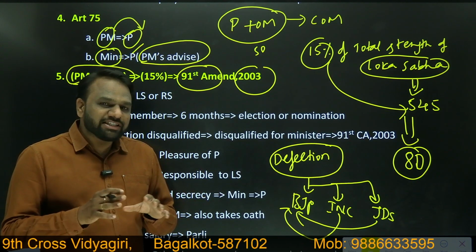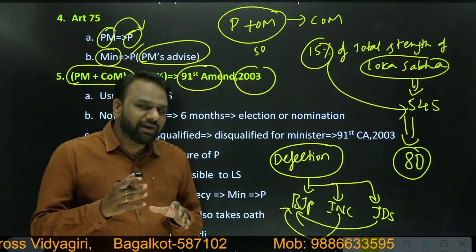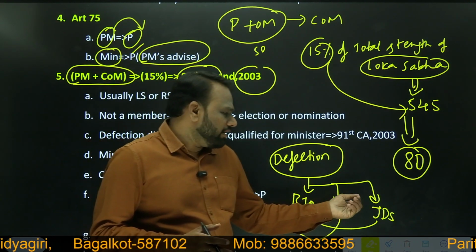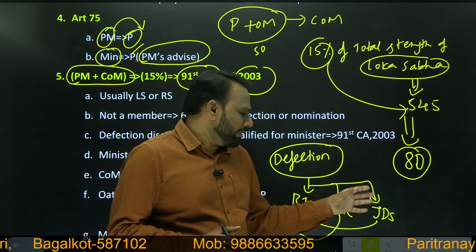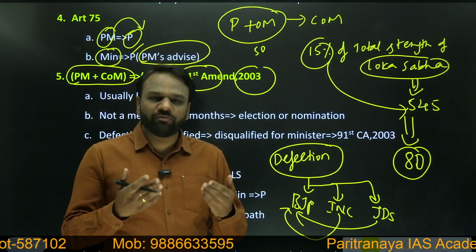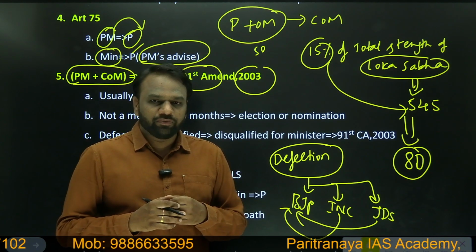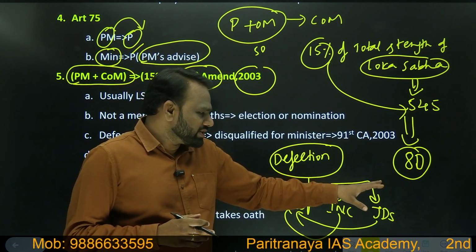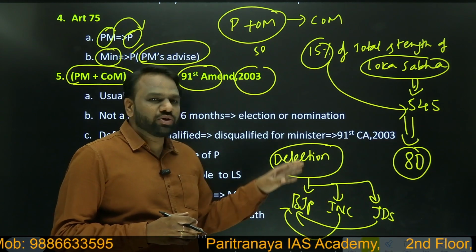It will lead to instability. How will it lead to instability? Because all or most of the MPs of JDS may leave that party and come to BJP only with the intention of becoming ministers. So when a person switches from one party to another, that is called defection.